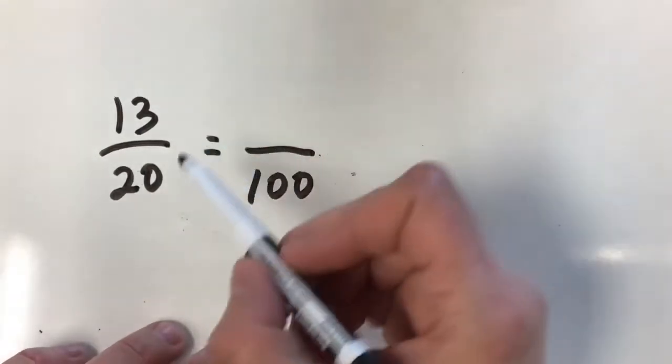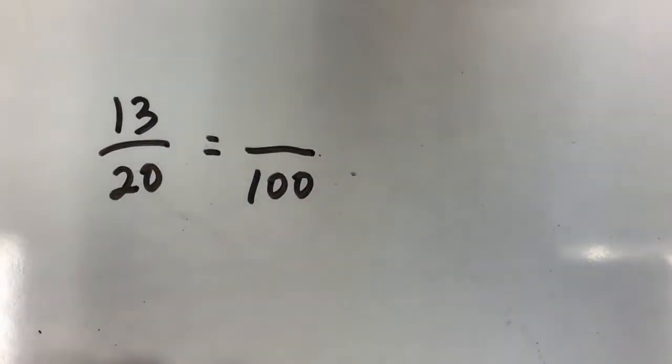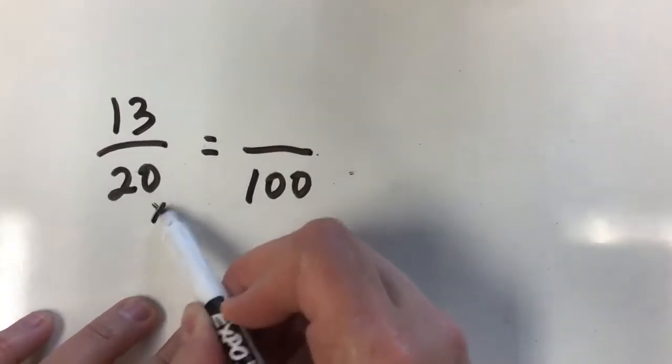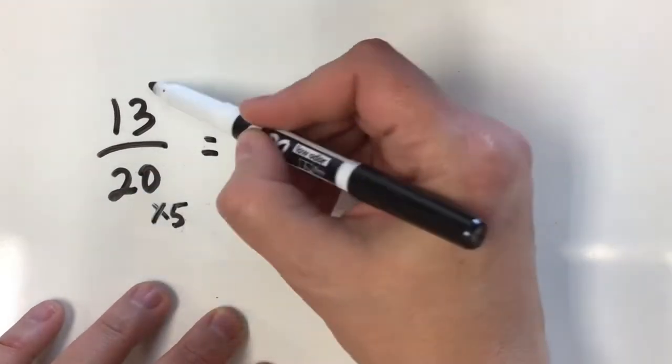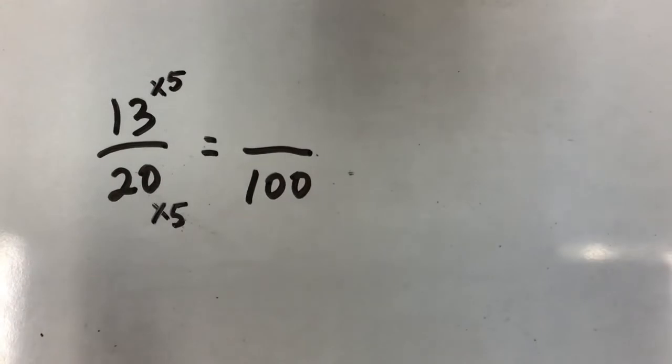Okay, so let's say we have 13/20ths, because we're saying 13 out of 20 people have pets. So we're going to write this ratio as a percent. How many people have pets? Well, to get 20 to be 100, you'd times 5, right? 20 times 5 is 100. Whatever you do to the bottom, you do the top, because ratios act exactly like fractions in math.